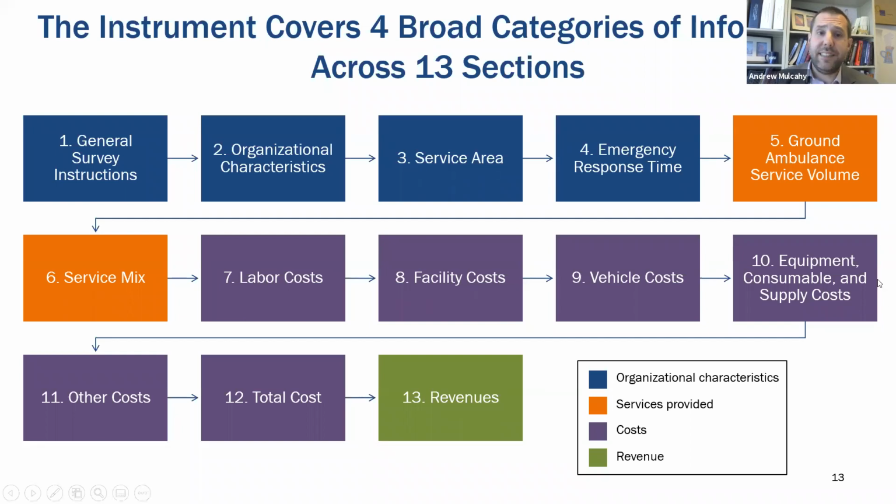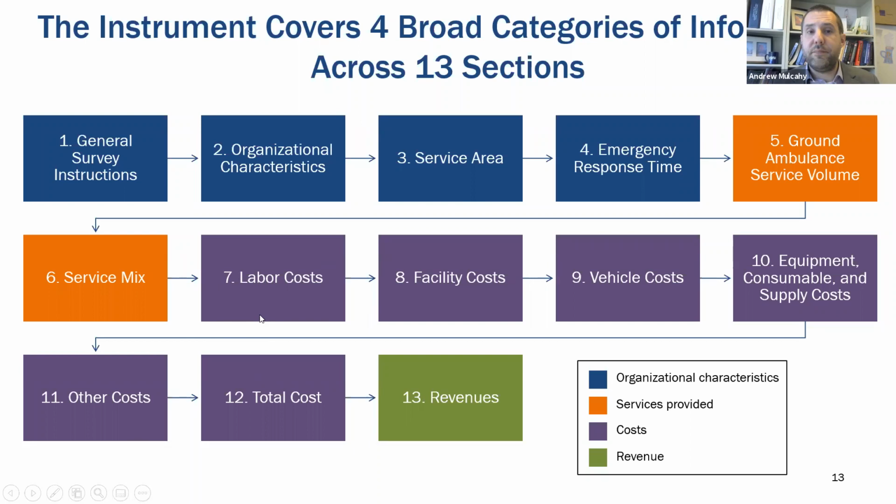Sections 5 and 6 ask about the volume and mix of services that you provide, the number of transports, for instance. The purple hues here in sections 7 through 12 ask about expenses in a bunch of different categories: labor, facilities, vehicles, all of which we heard from ground ambulance organizations are important contributors to your total expenses and cost of operating.